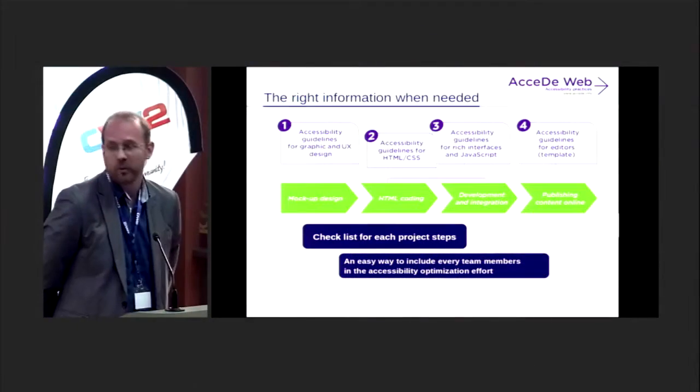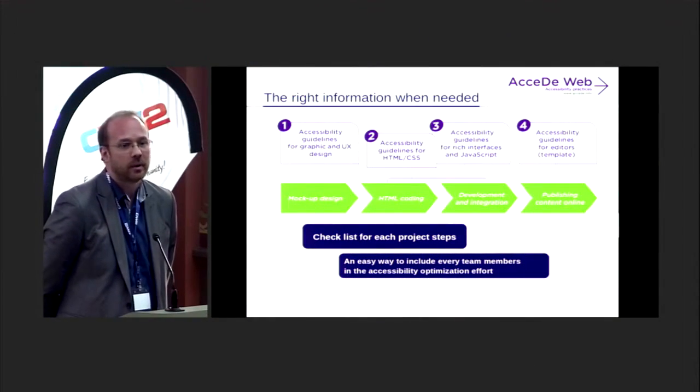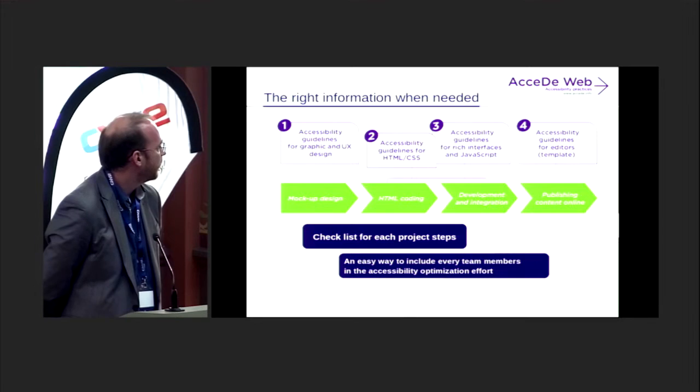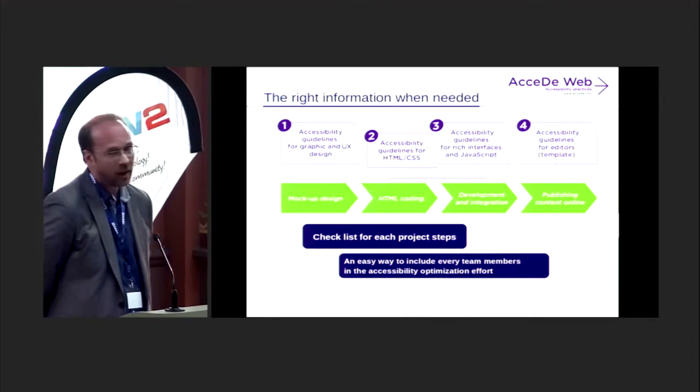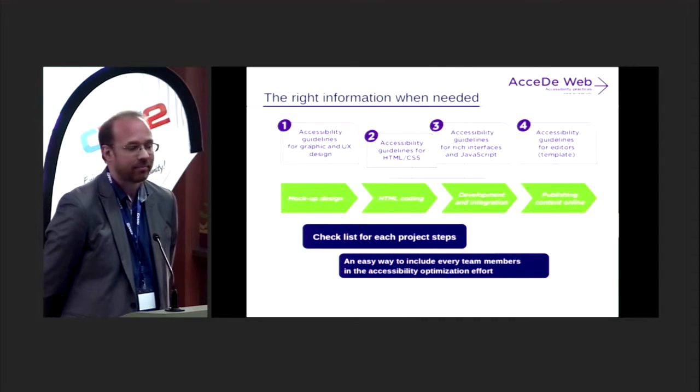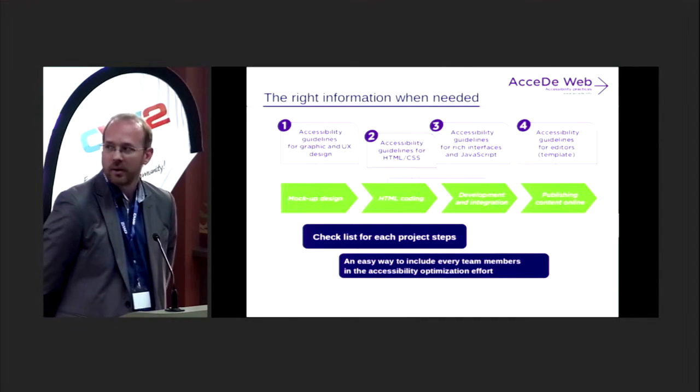It's an easy way to include everybody in the team in accessibility issues and accessibility optimization efforts. If you ask a web designer to go through the WCAG guidelines, he might be a bit lost.